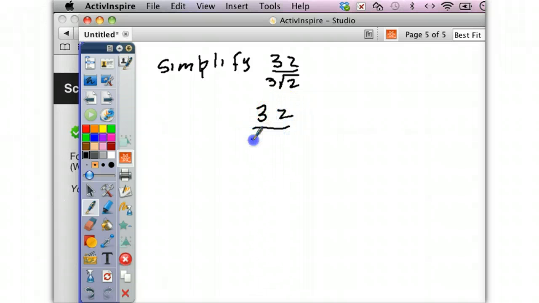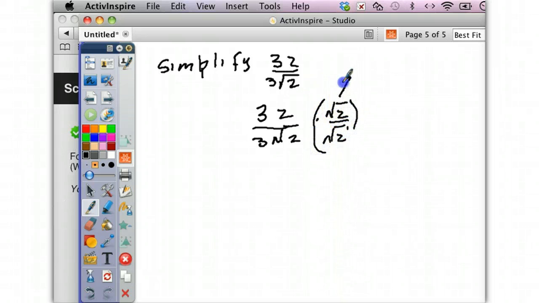32 over 3 root 2. You multiply top and bottom by the square root of 2 to get rid of the radical in the denominator. It's called rationalizing. Essentially, we're multiplying by 1 because anything divided by itself is 1, so we're not changing the value of the expression, we're just putting it in another form.